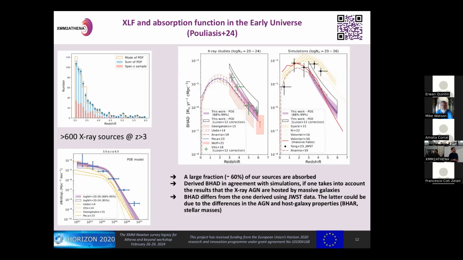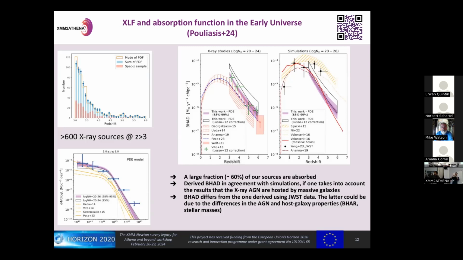And here are some of the other results of this paper with the black hole accretion density. The point is that we increase the black hole accretion density compared to the previous work. On the right, you can see it versus redshift, and the purple shaded region is the X-ray black hole accretion density. We found that if we put some cuts in the stellar masses, we agree very well with the simulations. And the new part here, these data points, are coming from the James Webb Space Telescope, the infrared selected AGN.